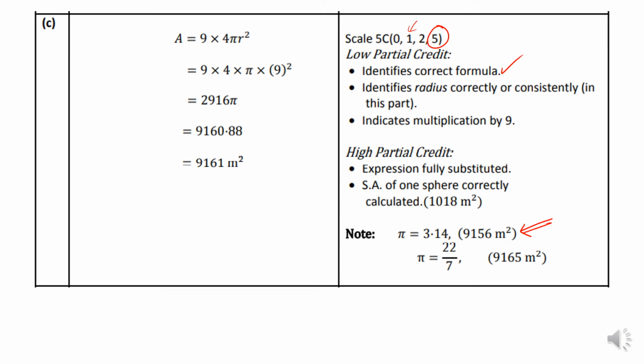If you substitute fully correctly you get 2, but if you stopped at 1 sphere and didn't multiply by 9 you get 2 out of 5. Let's go to the next part.